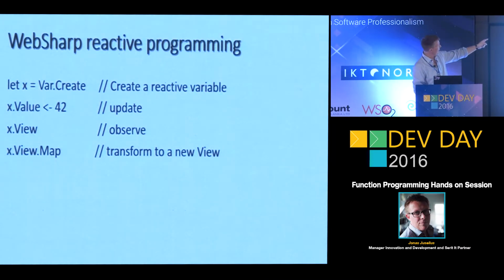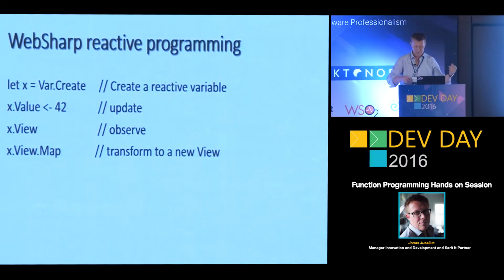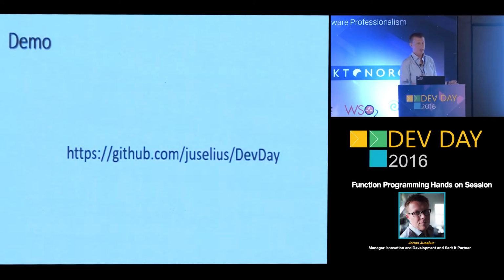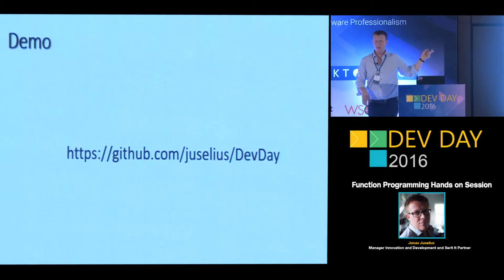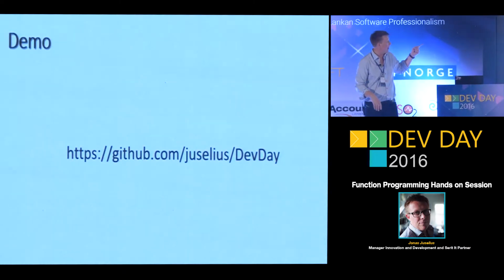We can observe it using x.View, and those views can be mapped to transform into new views. And this is very powerful, as you will see. So this map takes a function and applies it to the view, and we get a new view, which we can then show on the screen. And all my examples and everything are on my GitHub page.